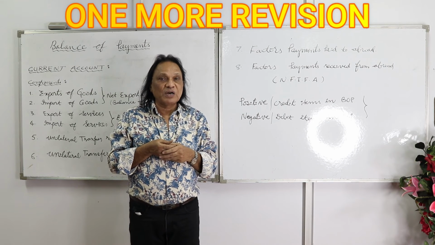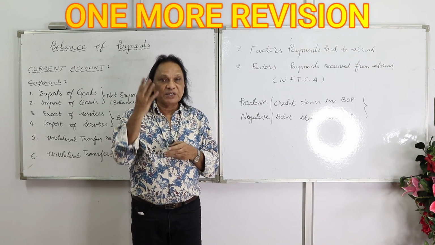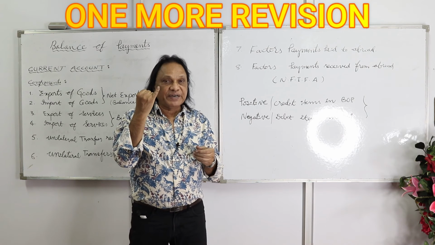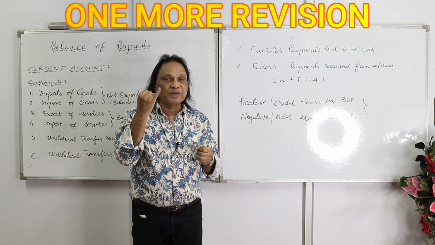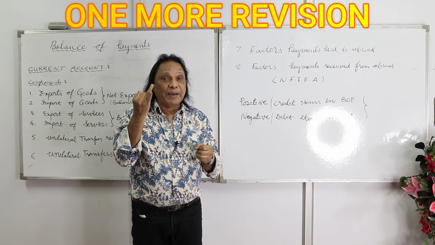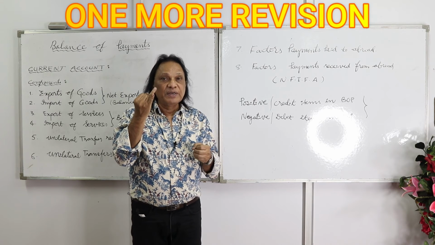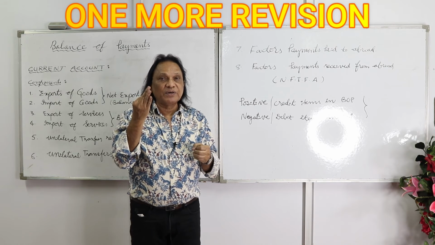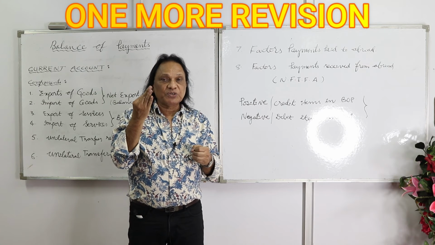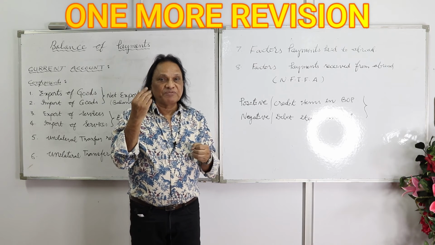To put it into 4 components: balance of trade, that is exports and imports of goods, visible items. Balance of invisible trade, exports and imports of invisible items, services. Then unilateral net transfers from rest of the world, and net factor income from abroad.